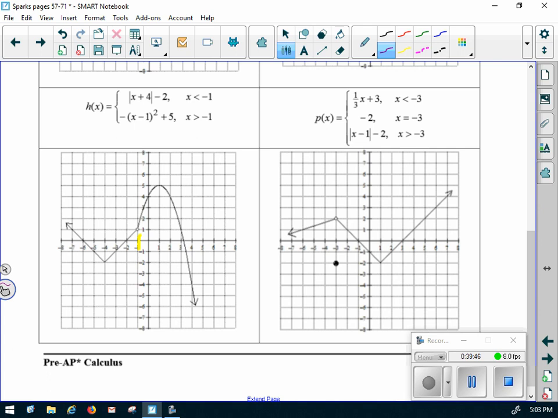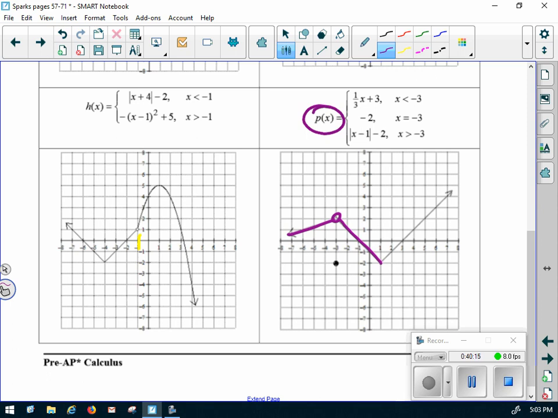Now this last one, p of x. This is the one that's a little tricky. Is the function defined at x equals -3? Yep, it's -2. You got a closed circle right there. But what was the behavior of the graph as x approached -3 from the left and the right? Well, remember, from the left and the right, the y values got closer and closer to 2.